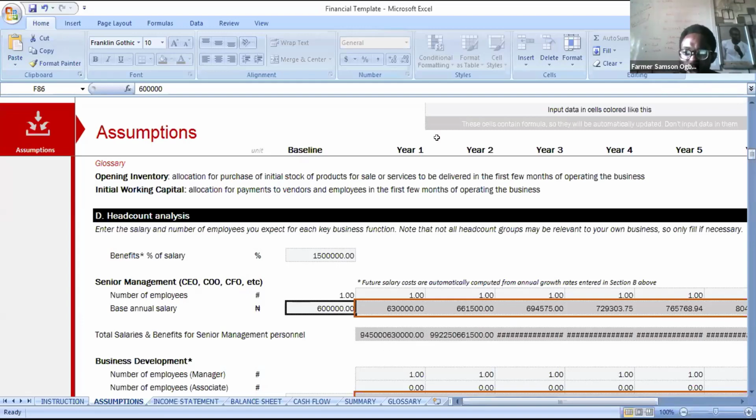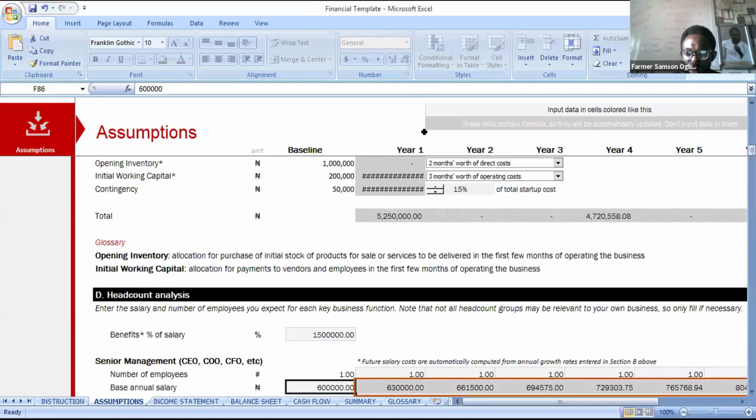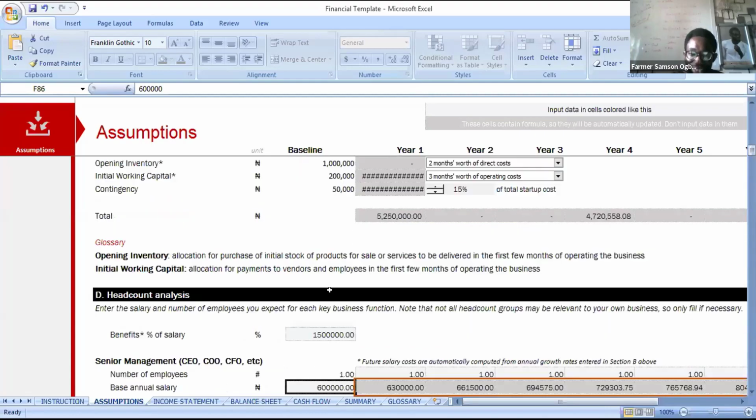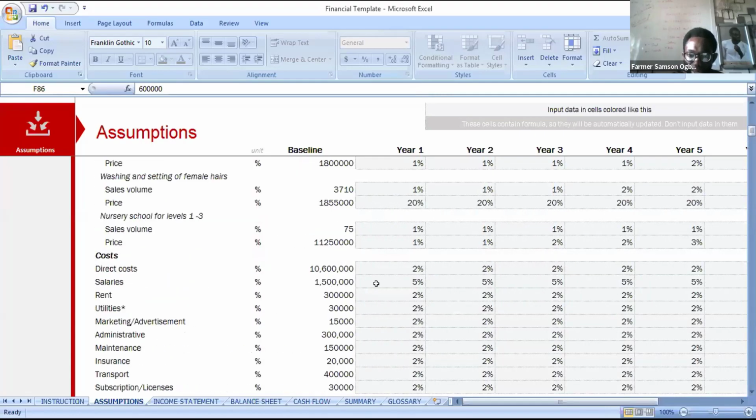So based on this, where are we? Okay. Based on this, total salary and benefit for senior management staff, it will calculate the total amount. So in year 1, the total amount you will pay now is 630. The reason the percentages are increasing is because, let's come back to salaries.